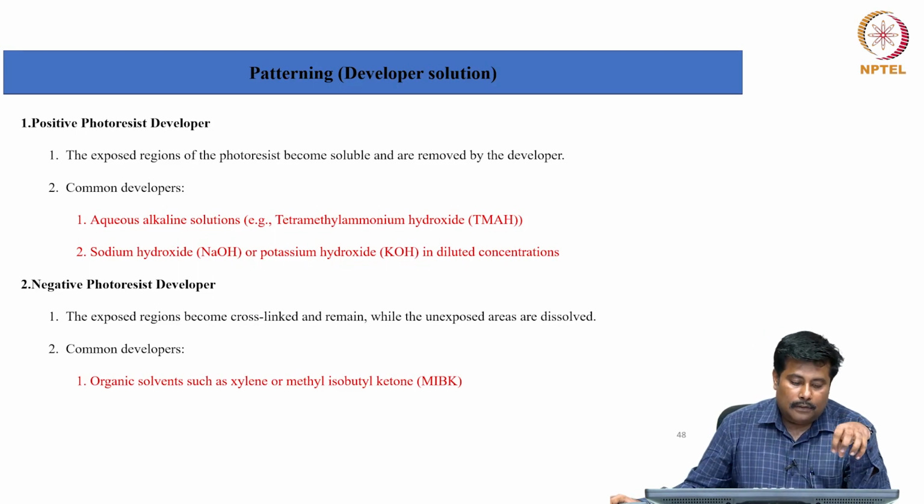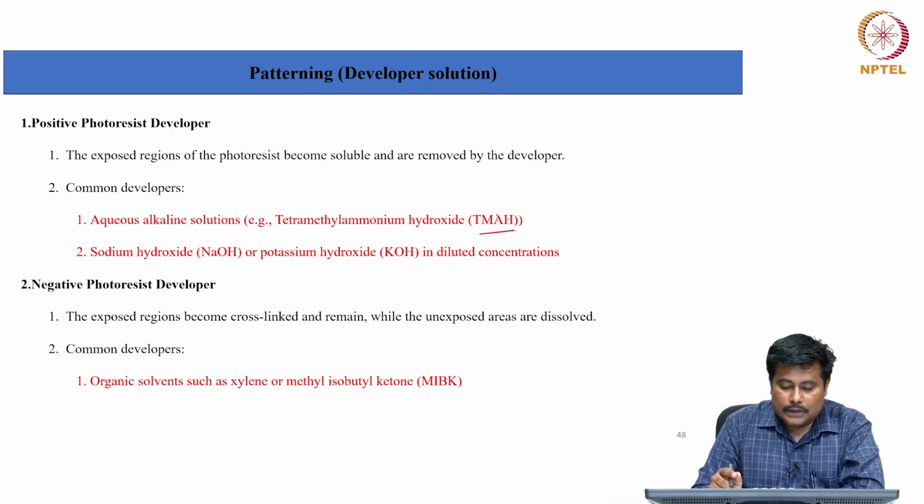Most common developers include an aqueous alkaline solution, which is heavily used, and sometimes sodium hydroxide or potassium hydroxide is also used in diluted concentration to develop these positive photoresists.